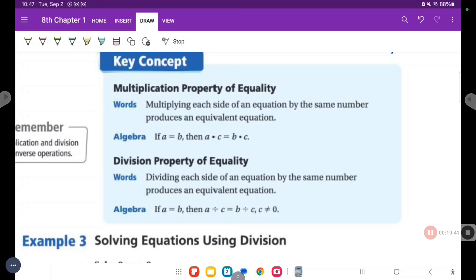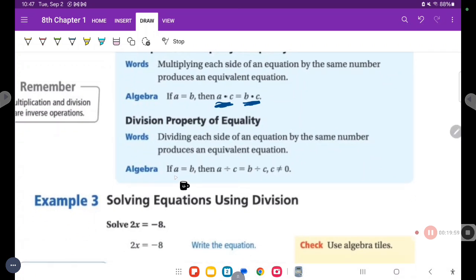If I divide on the right, I have to divide on the left. So right here, if A equals B, then A times C equals B times C. Notice that we're multiplying by C on both sides. So on this one, if A equals B, then A divided by C is equal to B divided by C.